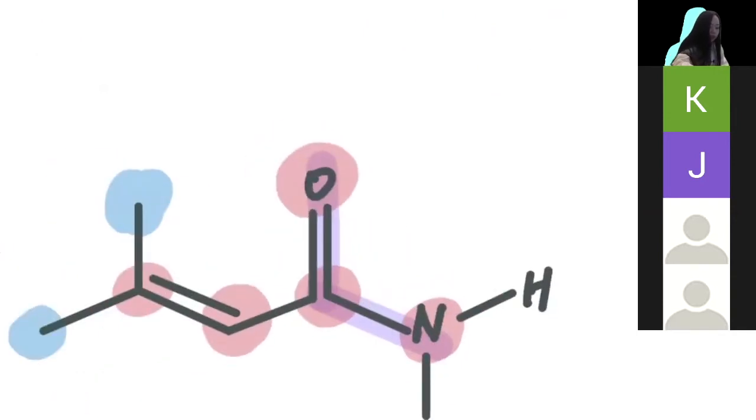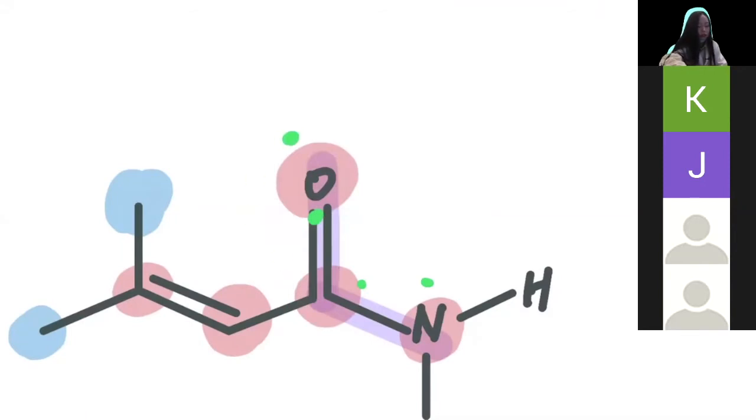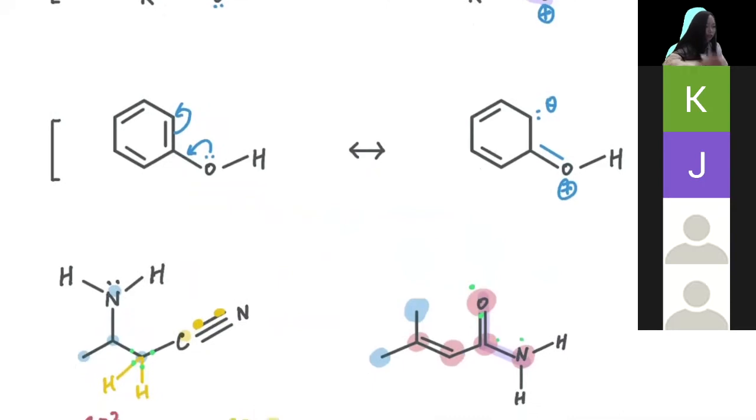Why can you do that here? If you want to transfer your lone pair from oxygen here, it's because you can move the one onto oxygen. Does that answer your question? That's actually one of the very common mistakes people make when doing resonance.